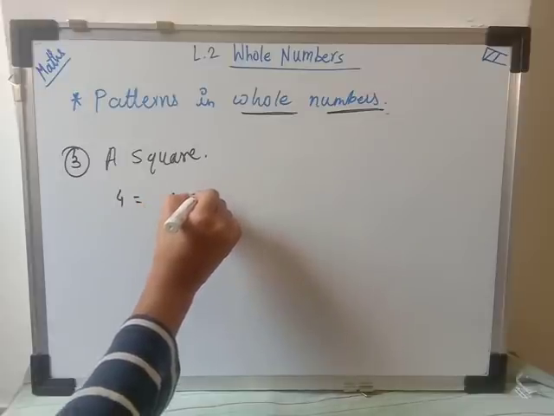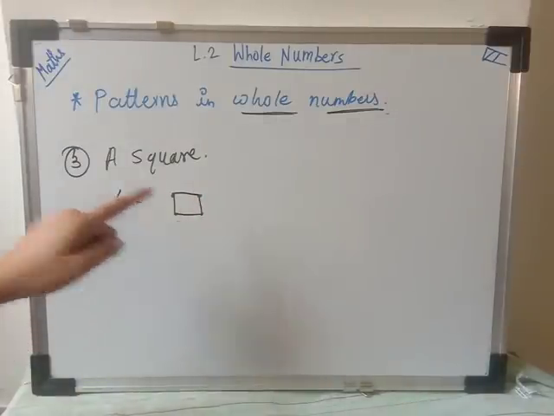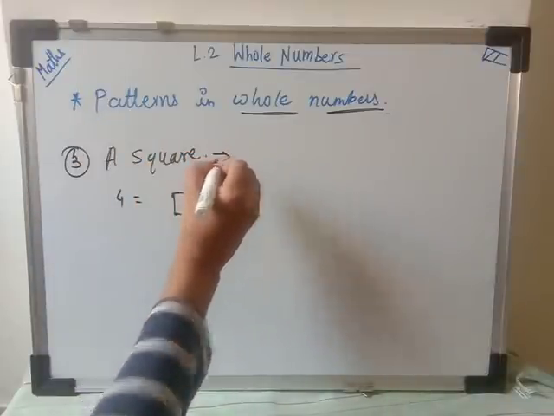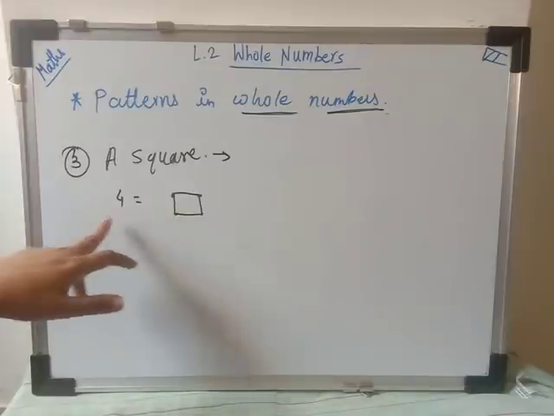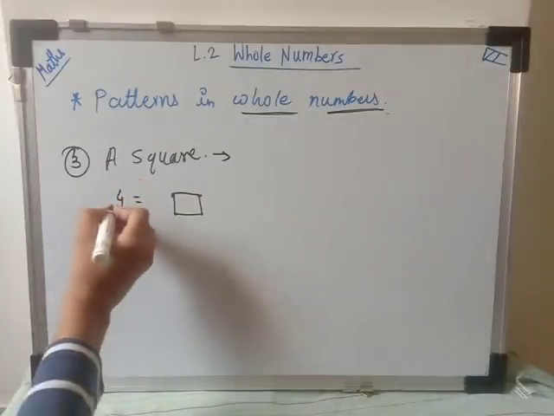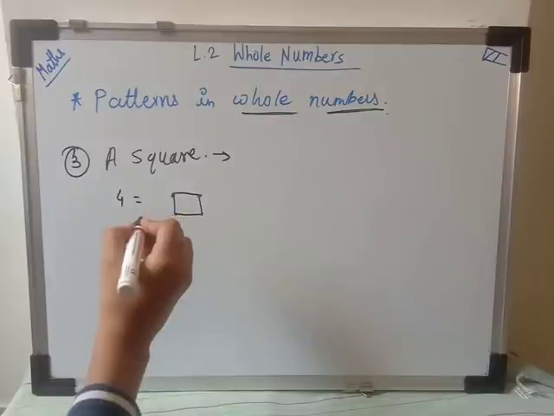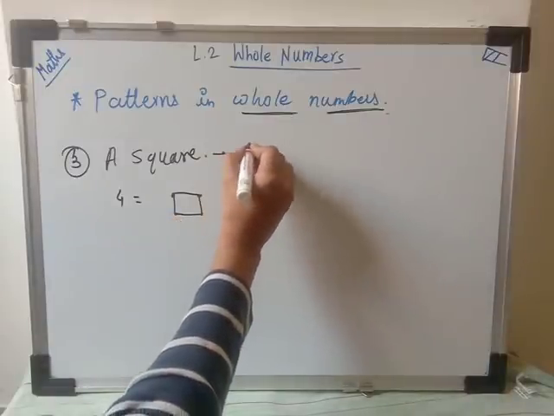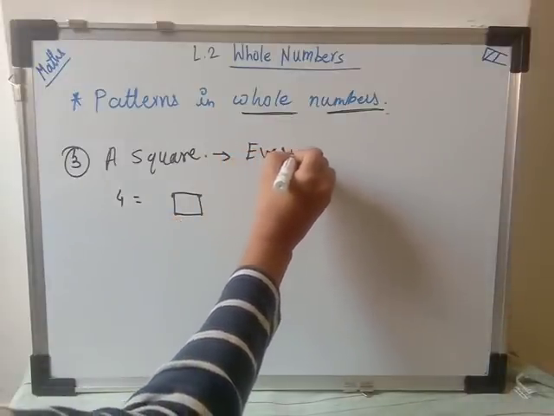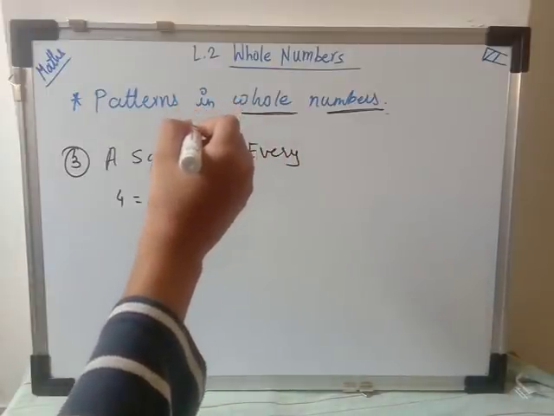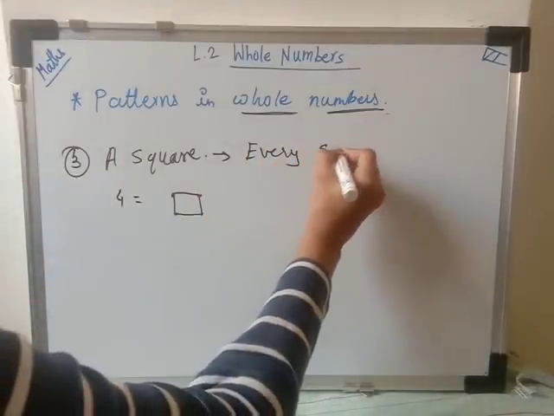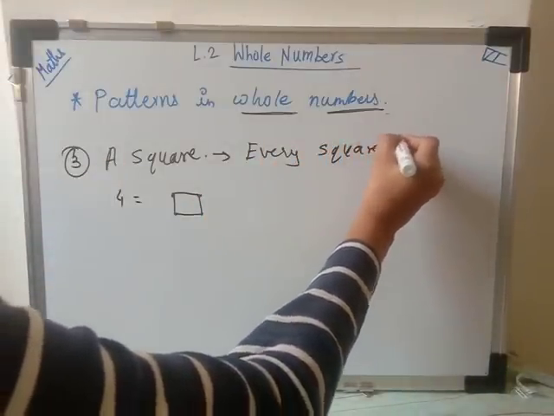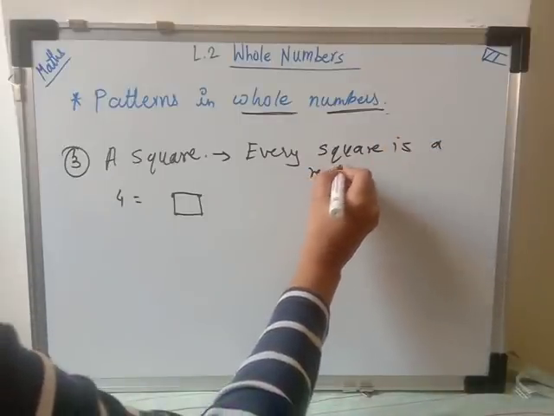One more important thing: if any number can make a square, it means we can make a rectangle of that number also. So we can say that every square is a rectangle.